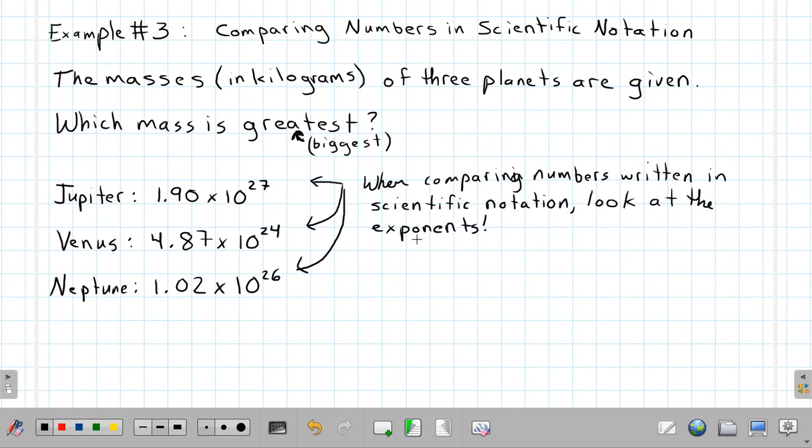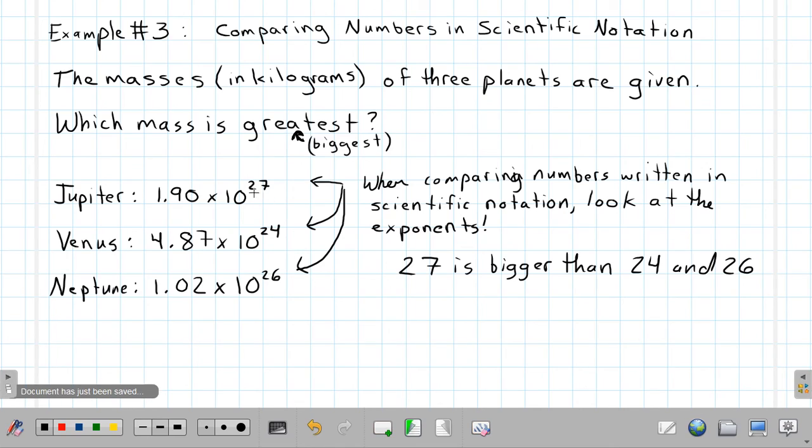What I mean by that is, well, the exponents here are 27, 24, and 26. So 27 is bigger or greater than 24 and 26. So in this case, since 27 is bigger, that means Jupiter has the biggest mass. So the answer here is Jupiter.